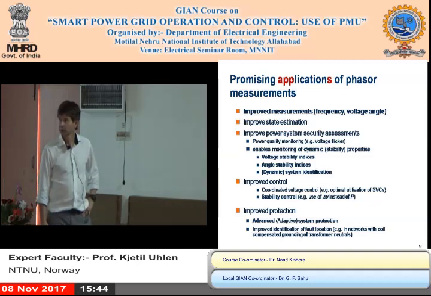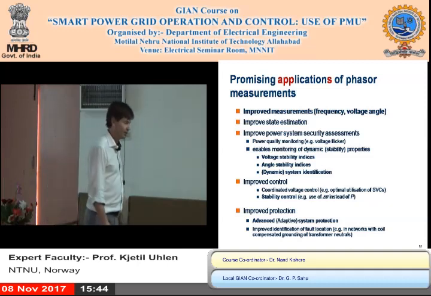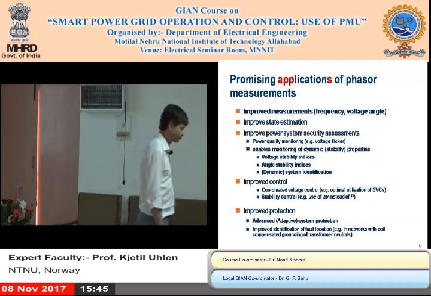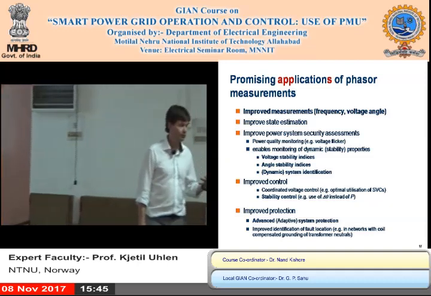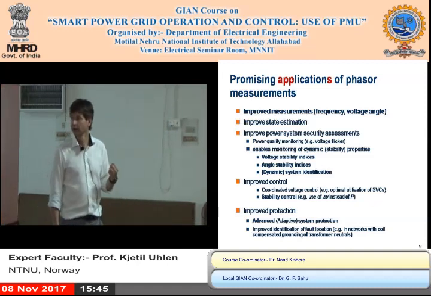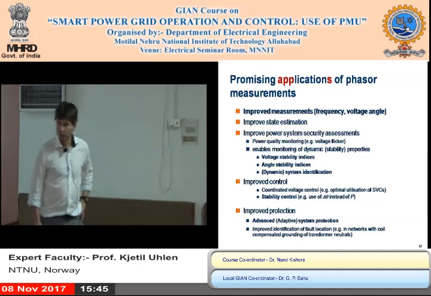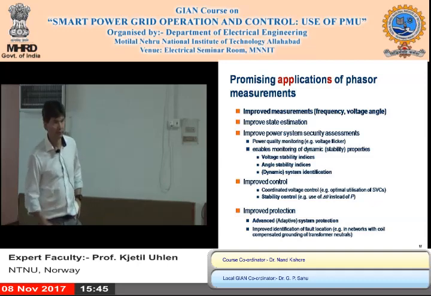And then it comes to protection. There are two areas that could be mentioned. It's not yet developed to much extent, but the potential is there, and that is for more advanced or more reliable system protection schemes, making them adaptive to the system conditions, for example.